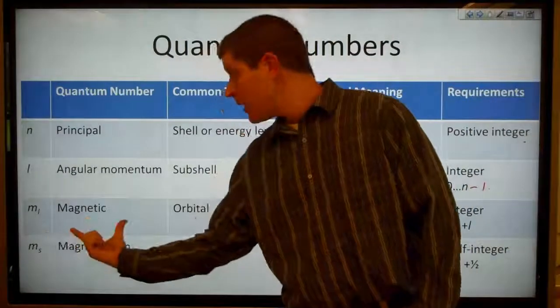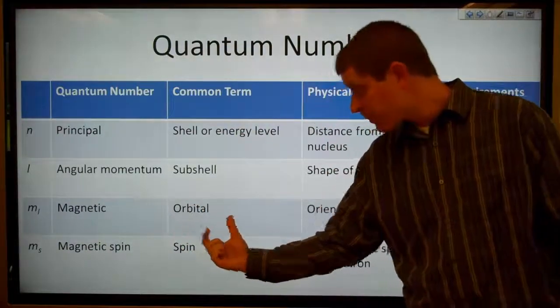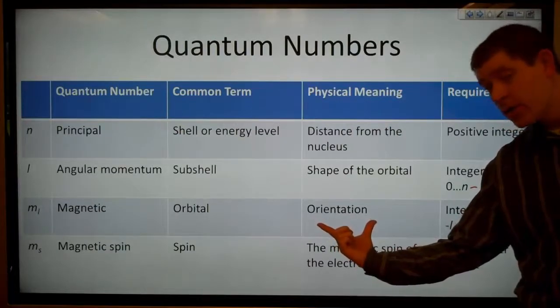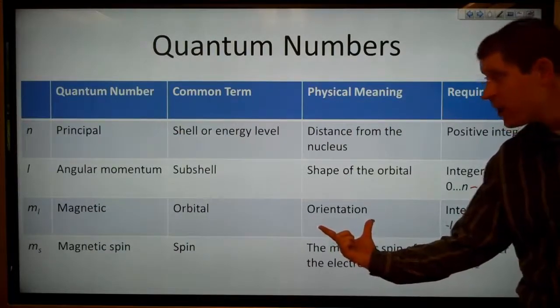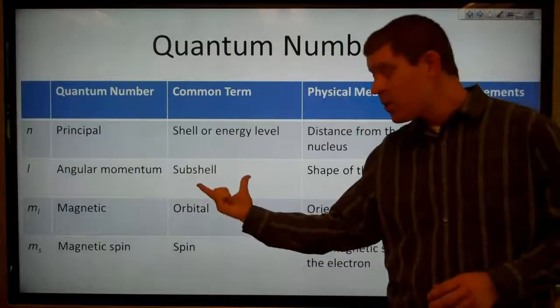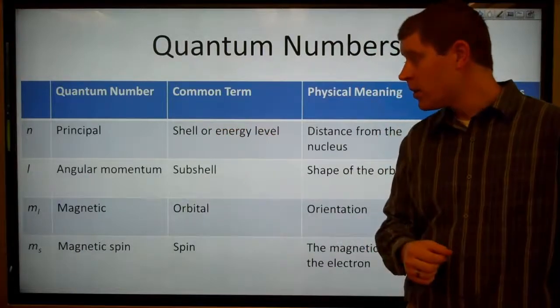The m sub L is the magnetic quantum number. We call that the orbital. That tells us the orientation. We have multiple orbitals within a subshell, and possibly multiple subshells within an energy level.